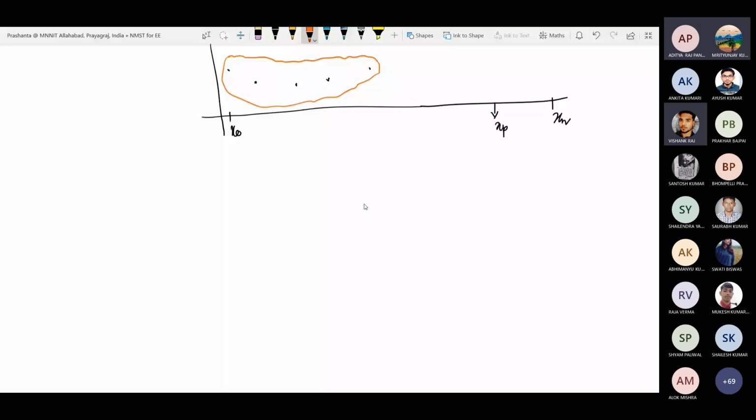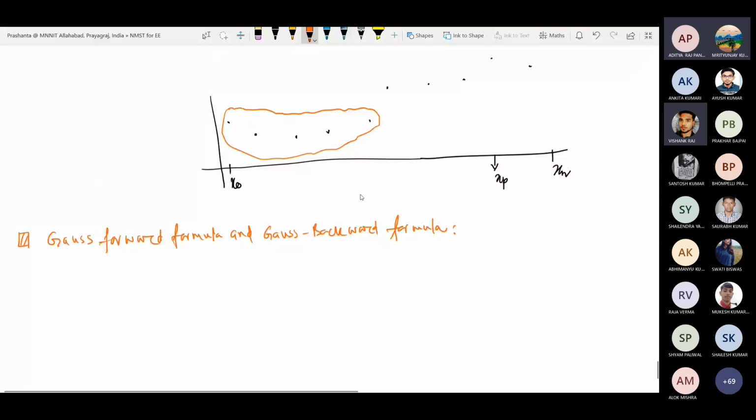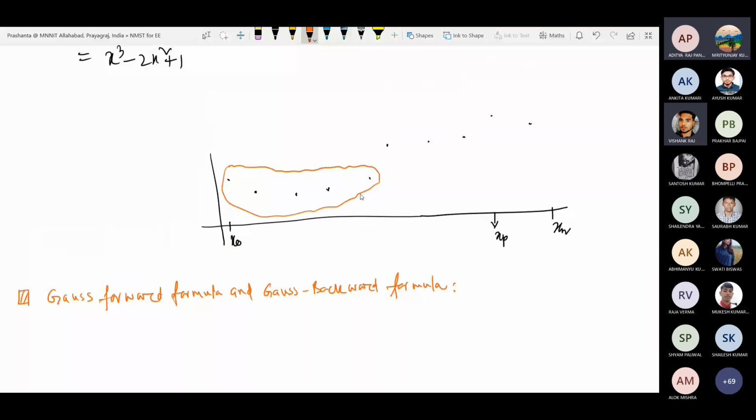The next formulas which I shall be discussing are the Gauss forward formula and Gauss backward formula. The idea behind these results is, suppose 100 data points are there and you have to find the output value close to the middle of the table. In this picture, these are the data points which are given to you.